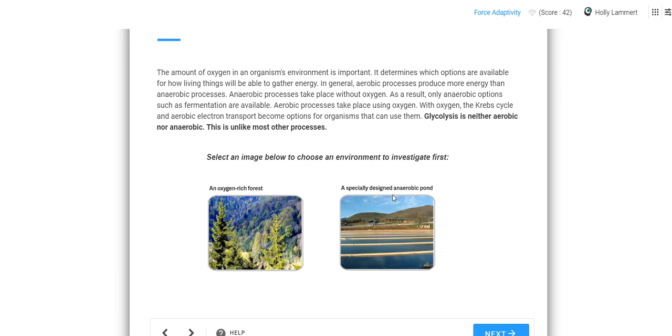But let's go ahead and read the paragraph. It says, the amount of oxygen in an organism's environment is important. It determines which options are available for how living things will be able to gather energy. In general, aerobic processes produce more energy than anaerobic processes. Anaerobic processes take place without oxygen. As a result, only anaerobic options such as fermentation are available.